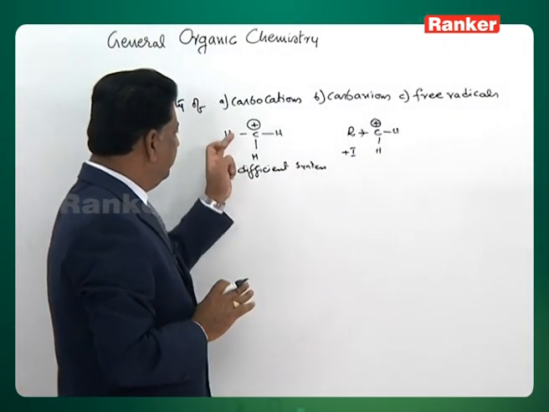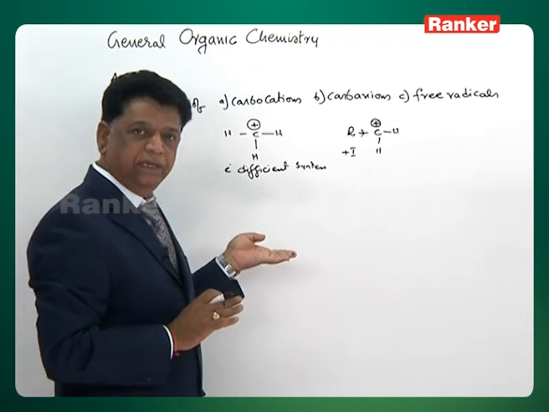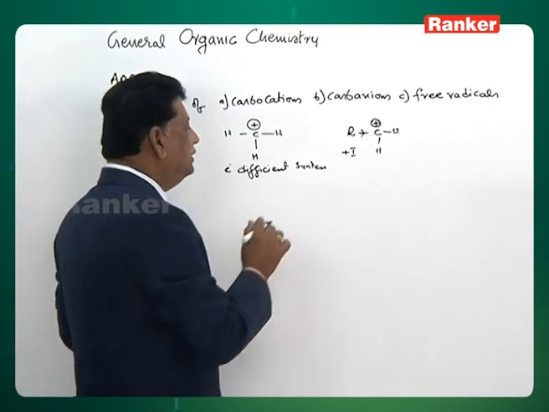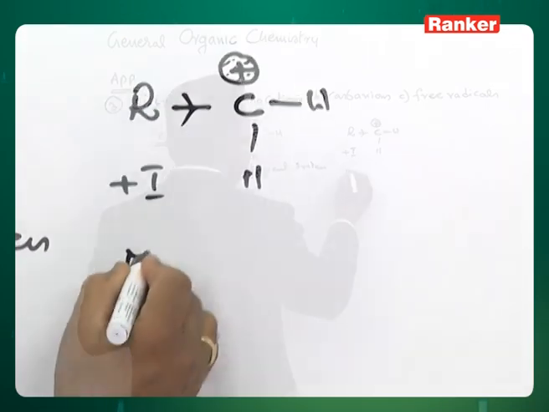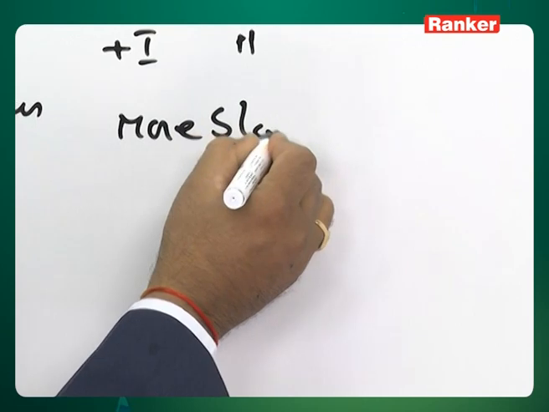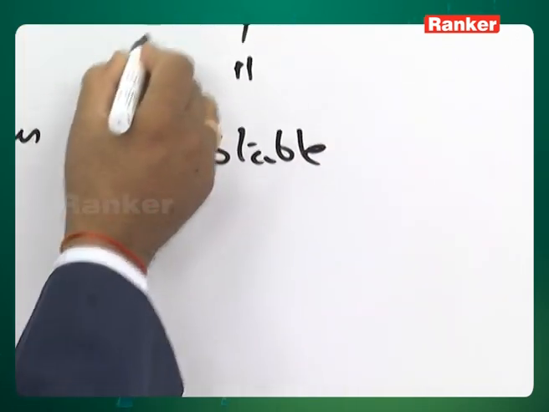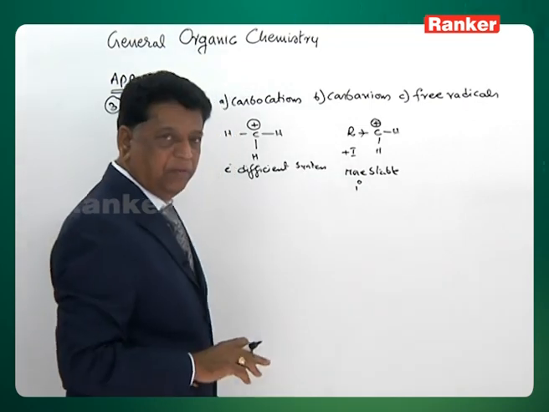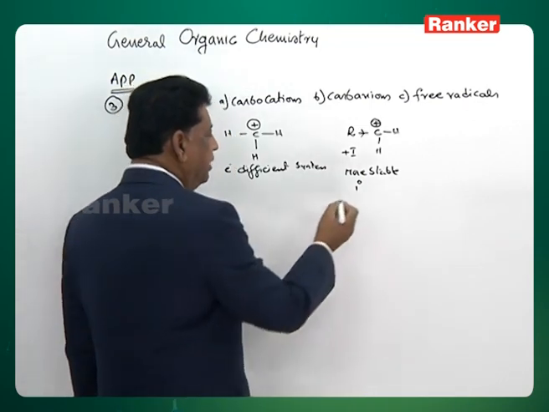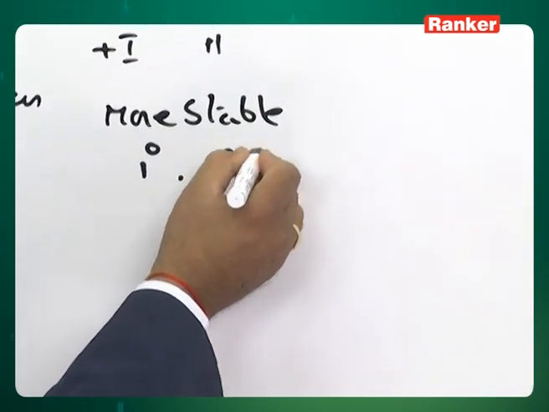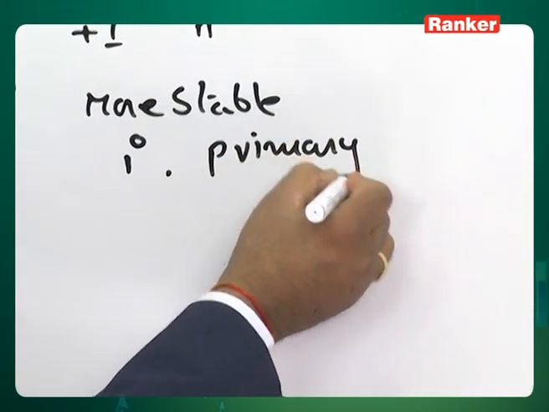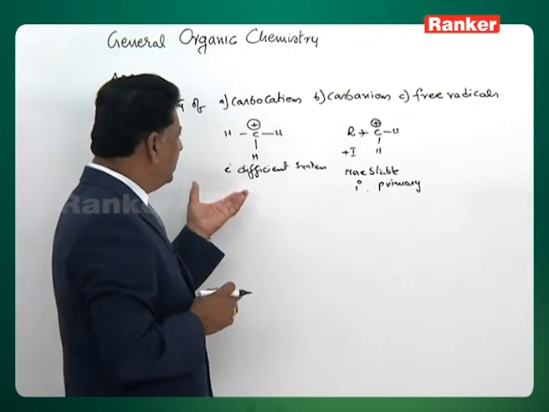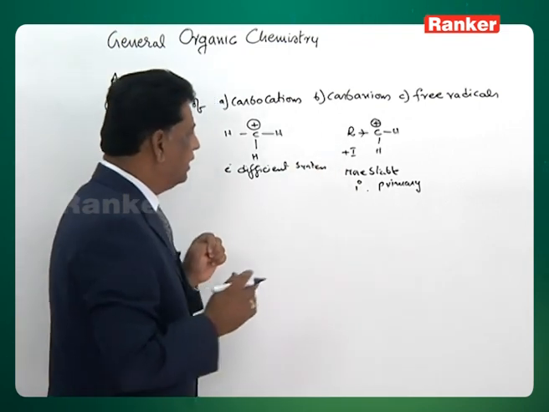So, the charge itself is the instability here. The charge is decreased, therefore the stability is increased. So, this type of carbocations are found to be more stable. Whenever such alkyl containing carbocations, you can call it a 1 degree or primary carbocation, it is having some stability when compared with only the methyl carbocation.